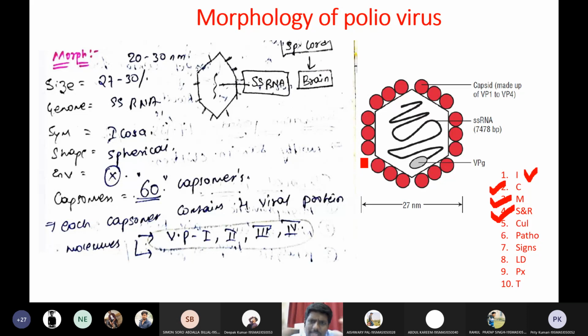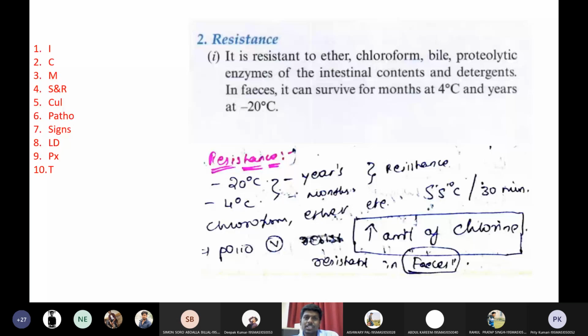That means this virus is resistant to acidic or low pH. It is also resistant to ether, chloroform, bile, and proteolytic enzymes.